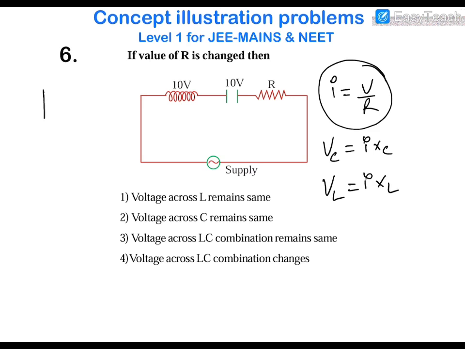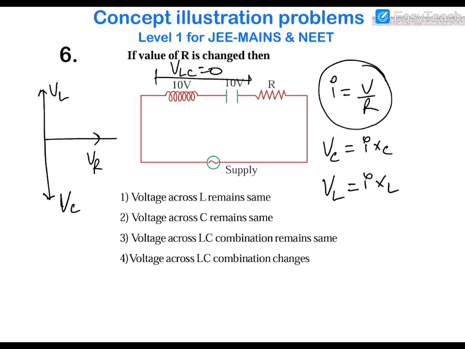But you should remember that when we studied the phasor diagram of series LCR, we observed that the voltage across inductor and capacitor were opposite to each other, and therefore the resultant of their voltage will be zero. So the net voltage across LC will be zero, and it will stay zero.